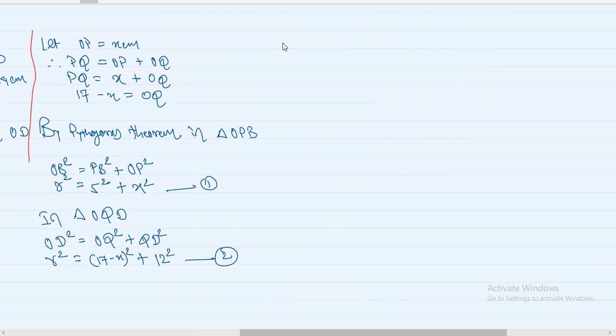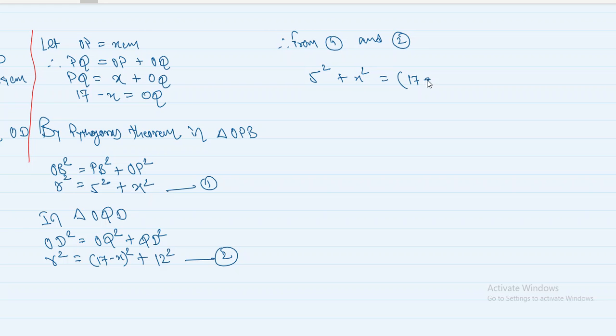So we can say, therefore from equation 1 and 2, that 5 square plus x square is equal to 17 minus x the whole square plus 12 square.